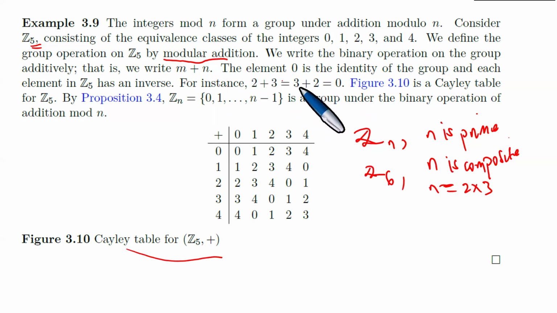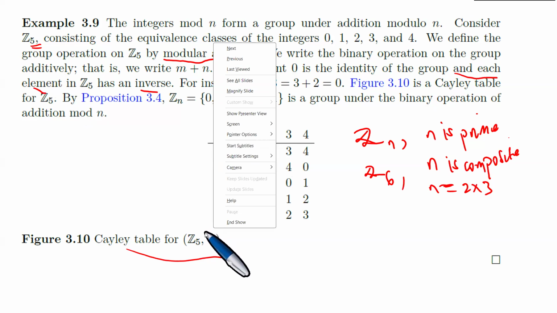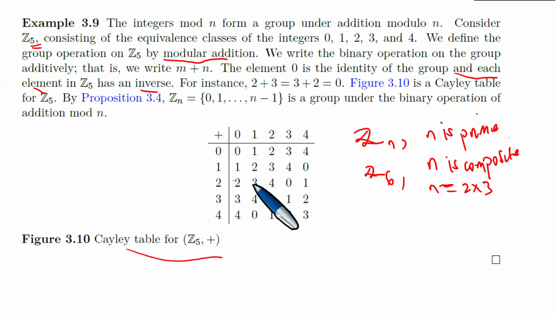So now we're saying the element 0 is the identity of the group, and each element in Z5 has an inverse. This is very important. We saw that in Z12 it was not the case, so here it is the case. For instance, 2 plus 3 is 3 plus 2, commutative, and this is 0 in modulo 5.